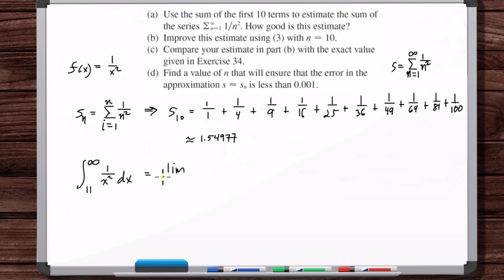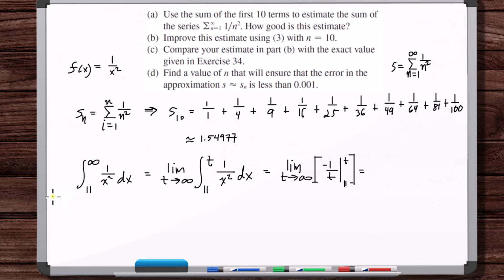So the limit as t approaches infinity of minus 1 over x from 11 to t.